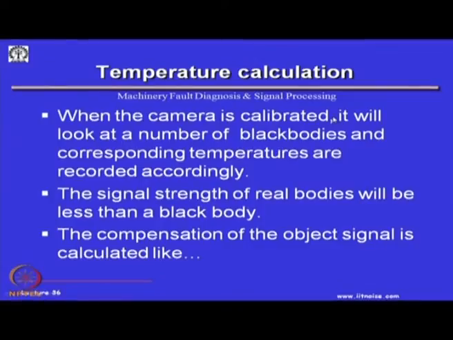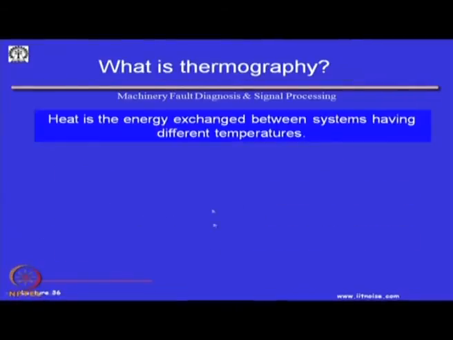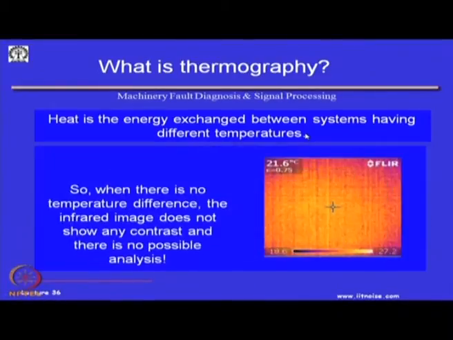When the camera is calibrated, it will look at a number of black bodies and the corresponding temperatures are recorded accordingly. The signal strength of real bodies will be less than a black body. The compensation of the signal is calculated like so. Heat is the energy exchange between systems having different temperatures. When there is no temperature difference, the temperature regime does not show any contrast and there is no possible analysis.